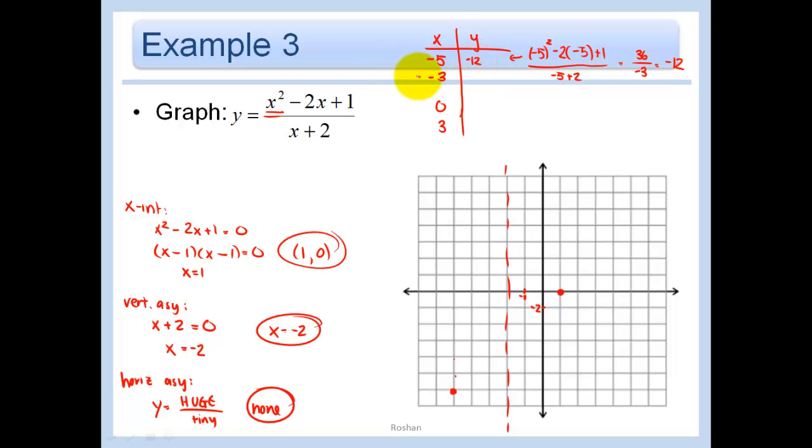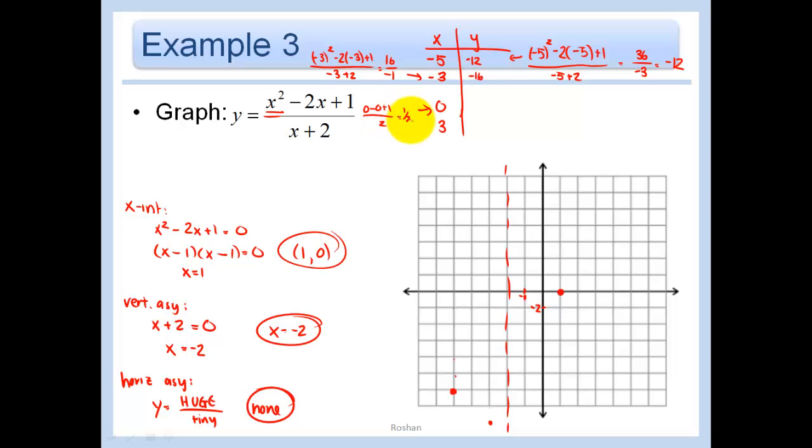Let's put in -3. So we have (-3) squared minus 2 times -3 plus 1 over -3 plus 2. So we have 9 plus 6 is 15, plus 1 is 16, over -1, so -16. All right, 0 should be nice and easy because we just get 0 minus 0 plus 1 over 2.